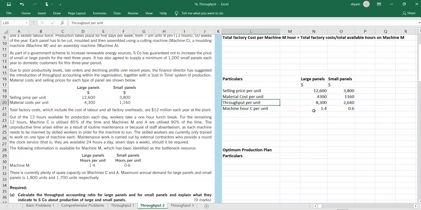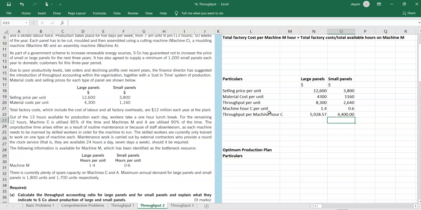So we can find out throughput per machine hour. So just divide the number, you will get the answer. So we got the answer here.